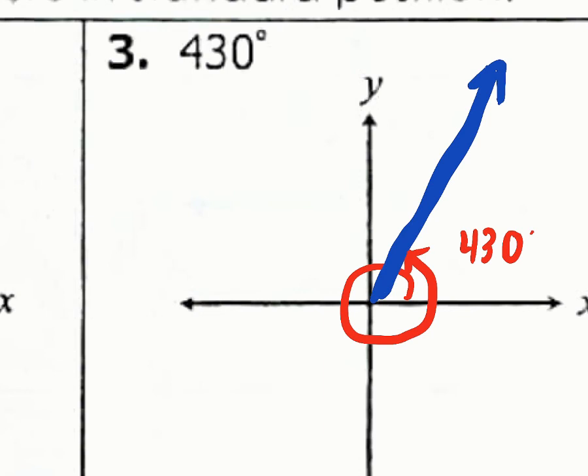That's why they're equivalent. 430 doesn't really exist. 70 does. They're in the same location. How did y'all figure that out? Well, we made one full revolution, 360, and then we said, well, we still got some to go. So we subtracted 360, and that's how we got 70. That is the next concept we're talking about on the top of the second page.